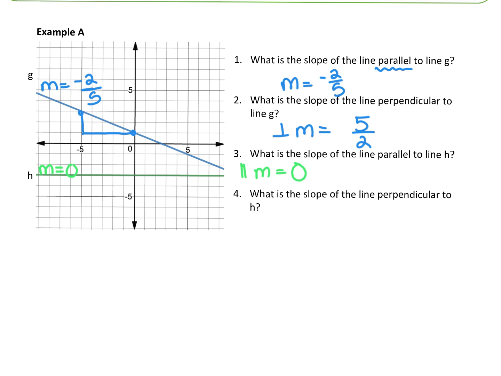And if I were to do the slope of the one perpendicular, if I were to make 0/1, if I do a backflip, that becomes 1/0, and I cannot divide by 0, so it's undefined. But hopefully you kind of knew that already, because if I were to draw something perpendicular, it would be vertical to make that 90-degree angle.